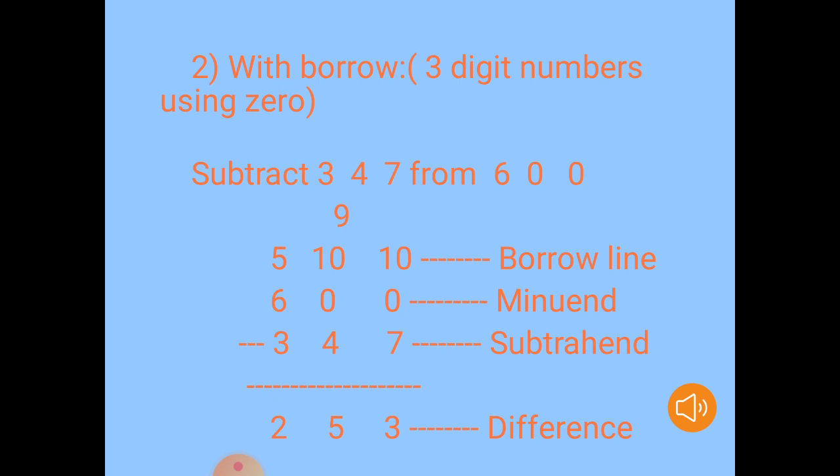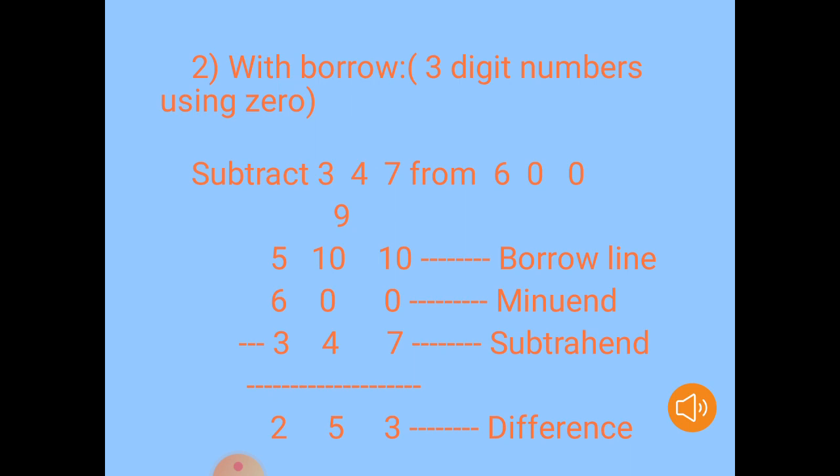Now, as you all can see, our next question is having a 3-digit number. Our question is: subtract 347 from 600. 600 being the minuend and 347 our subtrahend, we have to find the difference. First, write the numbers according to the place value.